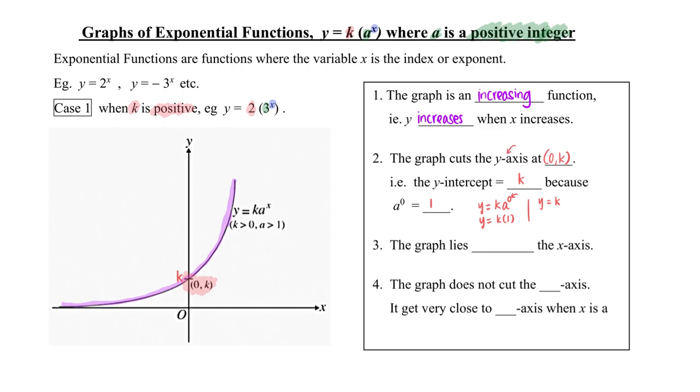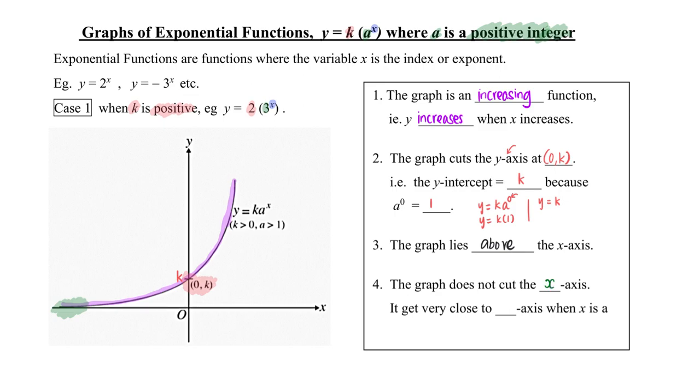Okay, and now do realize one observation is also that the graph lies entirely above the x-axis. Alright, that means all the y values are positive. The last point to take note of is at this particular point that I highlighted here: do you realize it does not cut the x-axis?